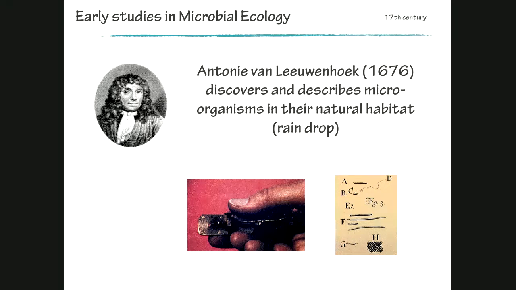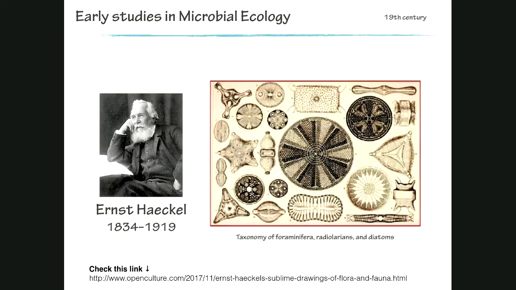He was working with raindrops, not with seawater, and he built his own microscopes and made these drawings and the first documents representing microbes from the environment, and this would be the origin of microbial ecology.